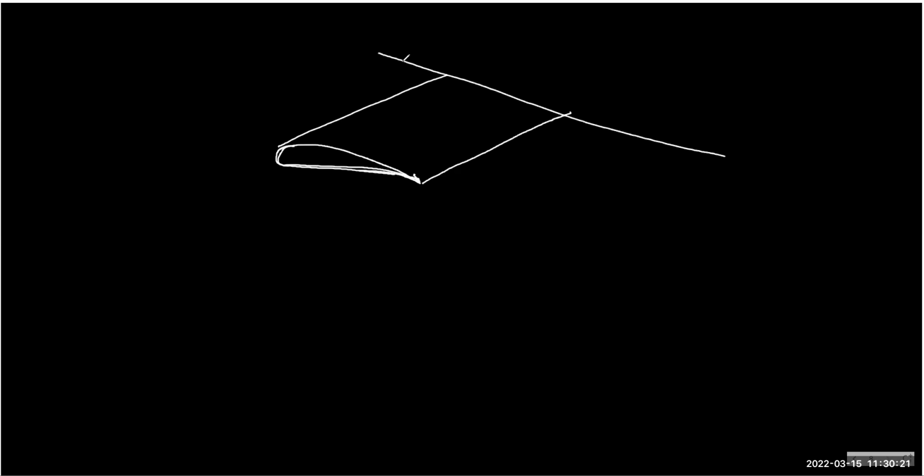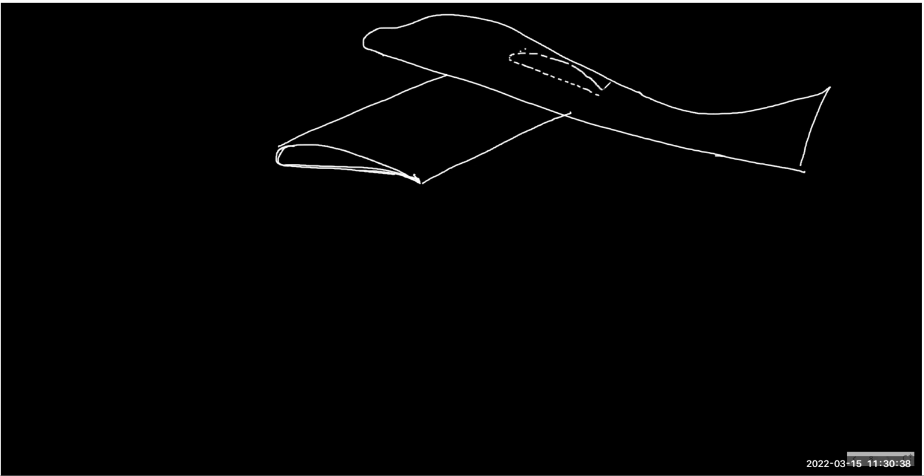Then you have a plane. And I hope now you remember this is the shape of the wing. This shape is very unique, and this shape only matters for everything. So this is called the aerofoil.